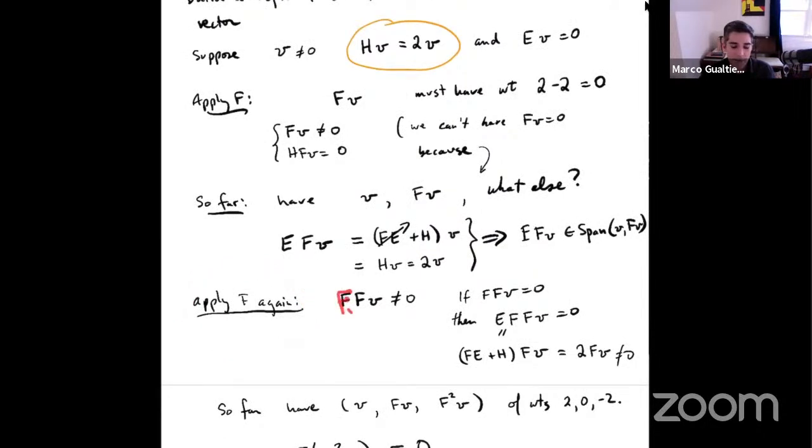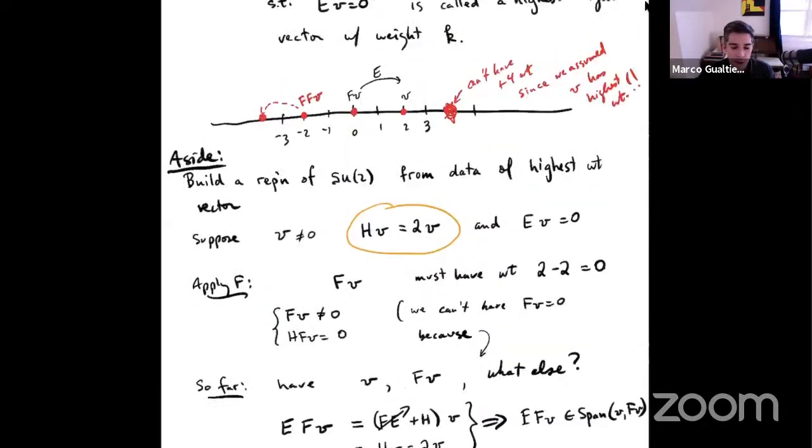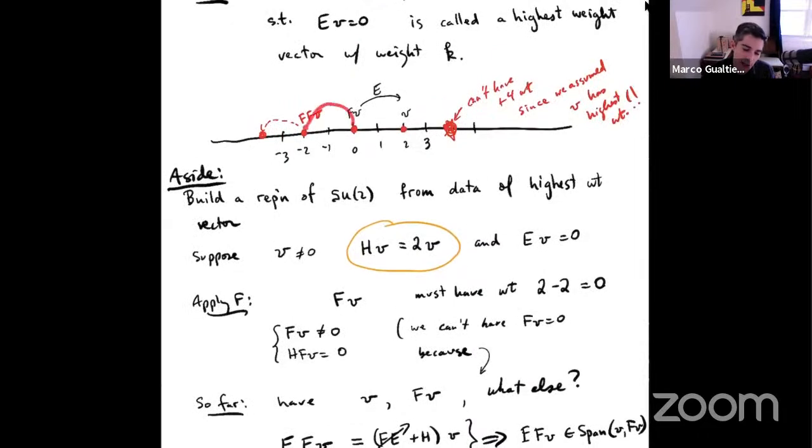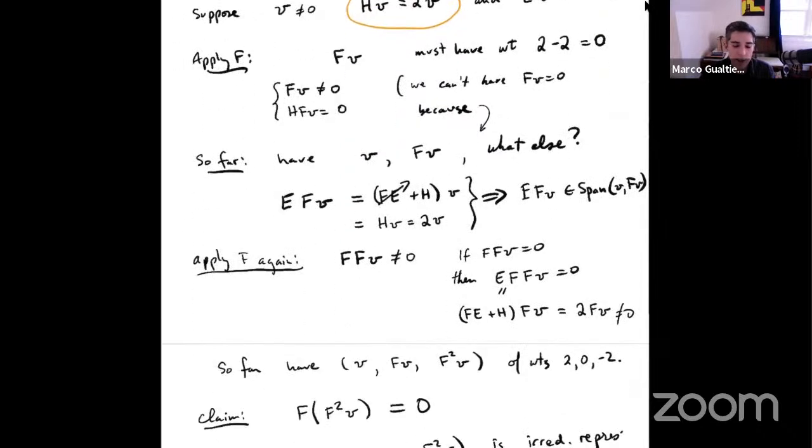So let's apply F again. We apply F to FV, and I claim that that is also non-zero. I'm applying F again, and I'm going to get something of weight -2 now. And the claim is that this thing of weight -2 is non-zero. Why? Well, I'll do the same trick as before: apply E to this thing, whatever it is. Then what do I get? I use the commutator and I get FE plus H, and we already saw that EFV was 2V.